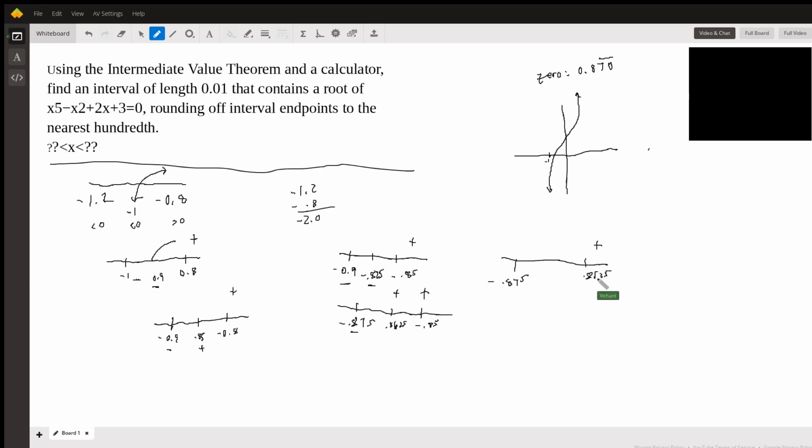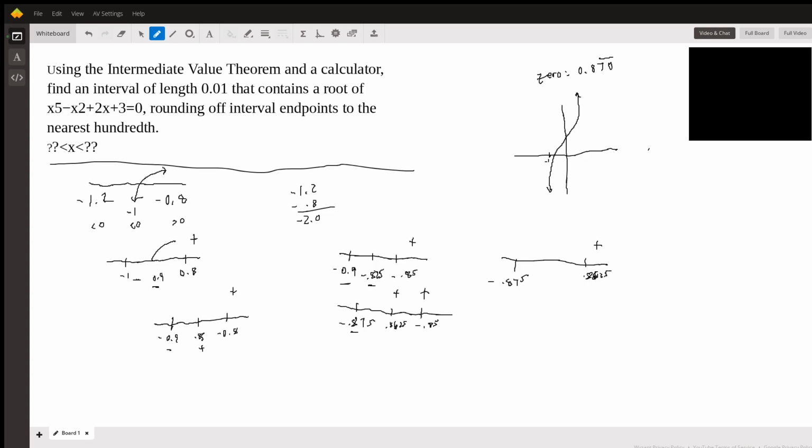And you can see each time we do this, we're coming closer and closer to what the calculator estimated. Interestingly, the calculator is probably using an algorithm that's very much like the algorithm that we're following. And you just keep doing this until you get an interval of length 0.01, which is not far away from this interval here.